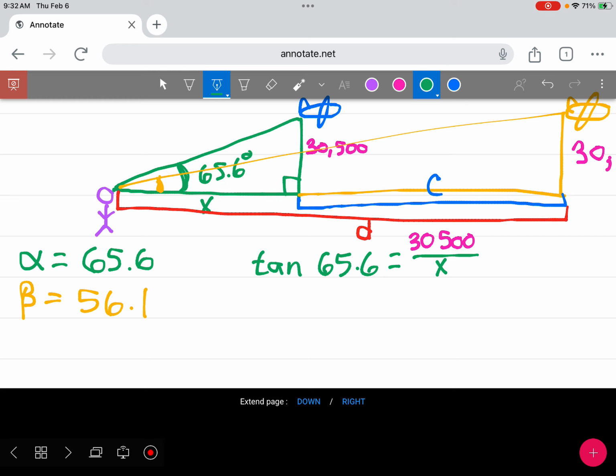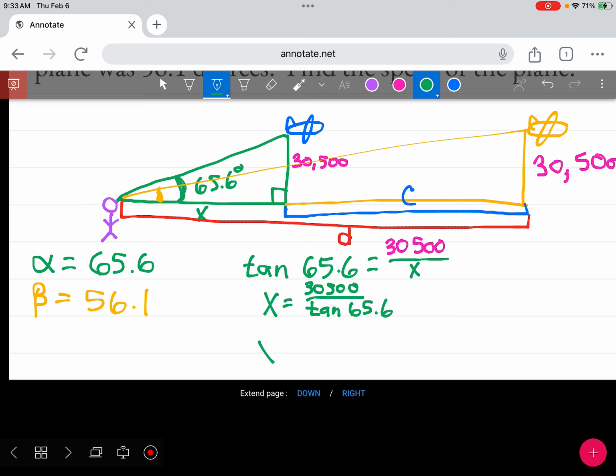What do we need to do? Multiply both sides by x and then divide both sides by tangent of 65.6. So we're going to wind up with x equals 30,500 over tangent of 65.6.